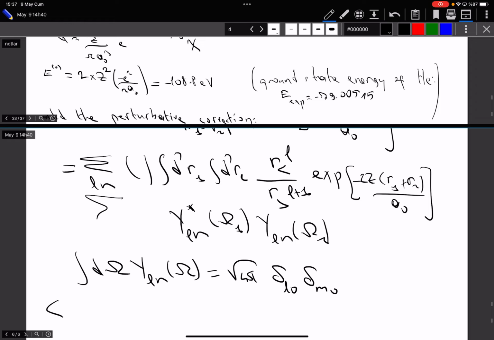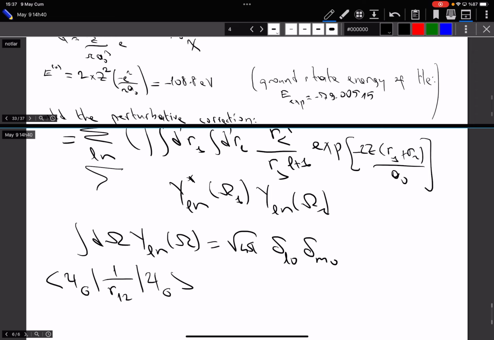So this psi g, 1 over R12, psi g turns out to be some coefficient. I'm not writing the normalization coefficient, you can just look it up. Let me write this in terms of the radial part: R1 squared dr1, R2 squared dr2.